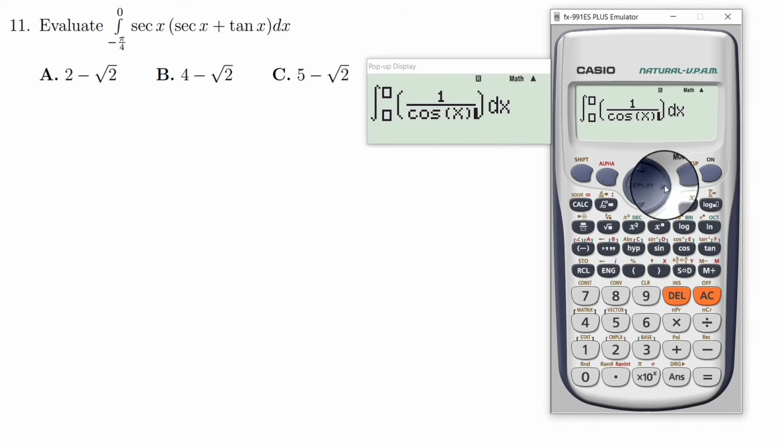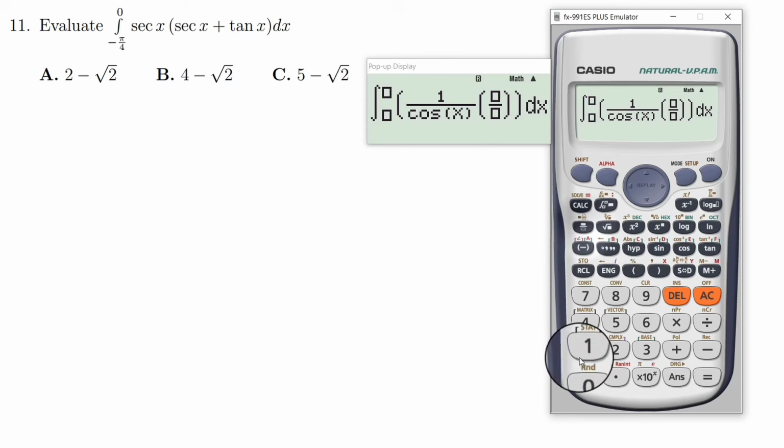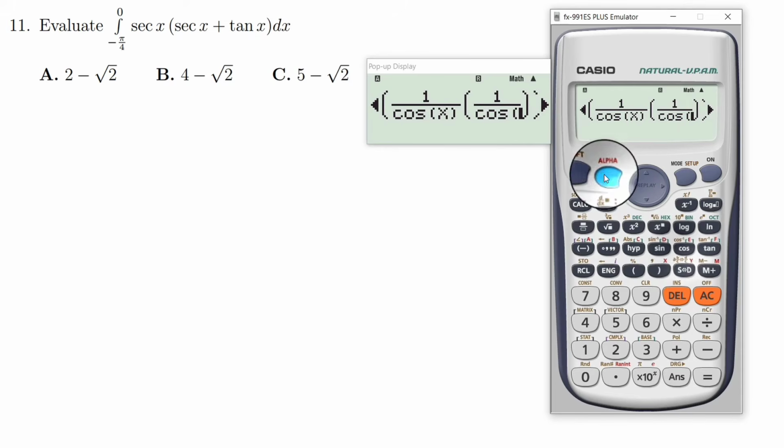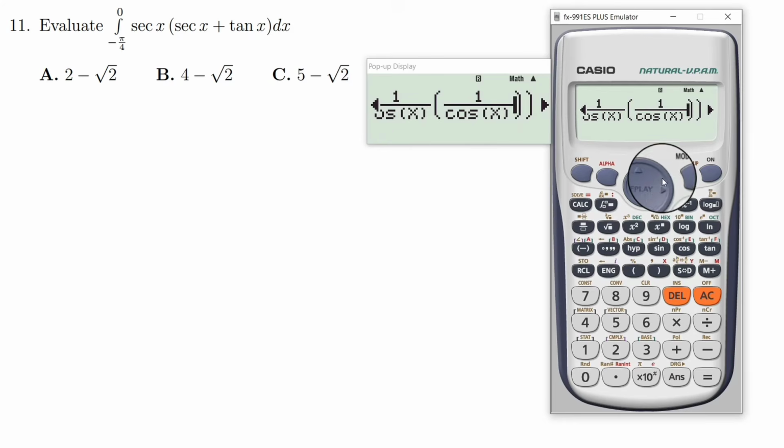Then after that we can open the brackets, then close it again, then come to this middle because we want to input sec x plus tan x. So sec x is 1 over cos x, so we have cos alpha x, close the bracket.